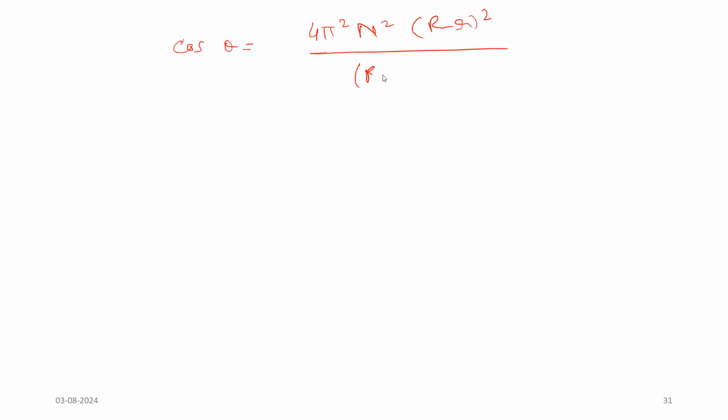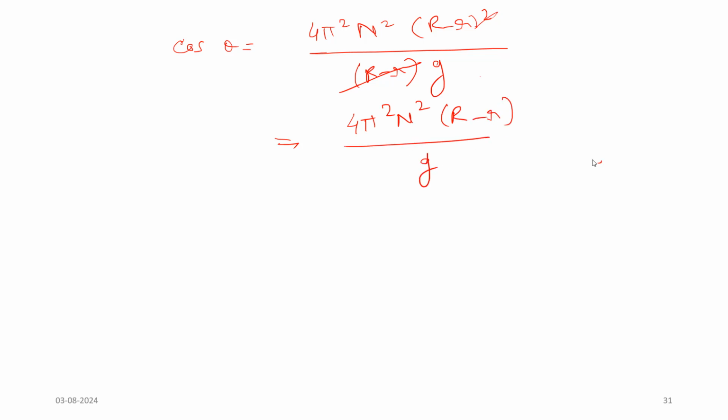So one R minus r will cancel out. What is remaining is 4 pi square n square into R minus r divided by g.